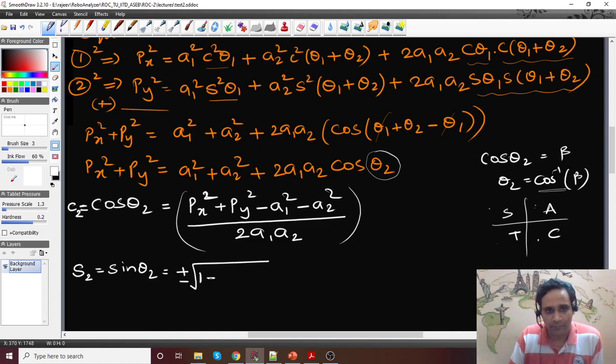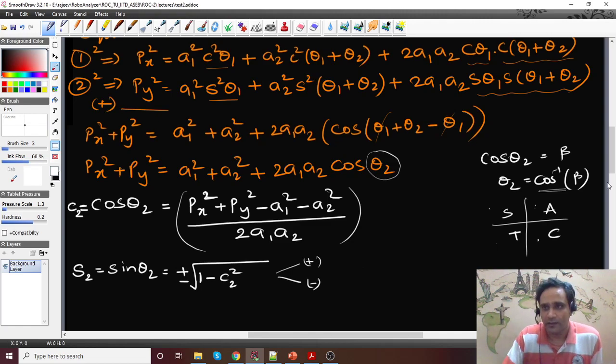Square root of 1 minus C2 square, because cos square theta 2 plus sine square theta 2 equals 1. So sine square theta 2 is equal to 1 minus cos square theta 2, and the square root will come if you want to find sine theta 2. That means there are two expressions here: one with positive and another with negative.